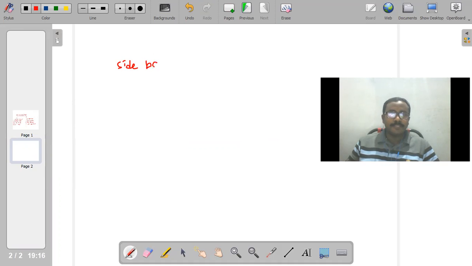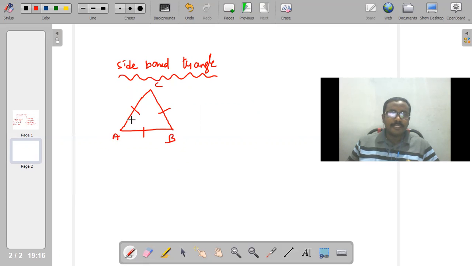For example, the first one is called equilateral triangle. So what is an equilateral triangle? It is a triangle where all three sides are equal. For example, I'm taking A, B, C as vertices. The length of AB is equal to the length of BC, equal to the length of AC. So all sides are equal, and this is nothing but an equilateral triangle.